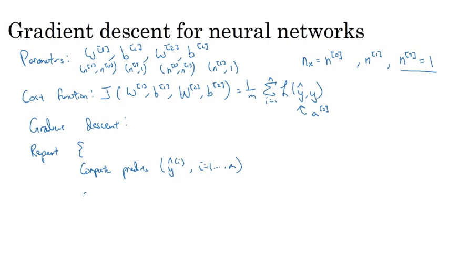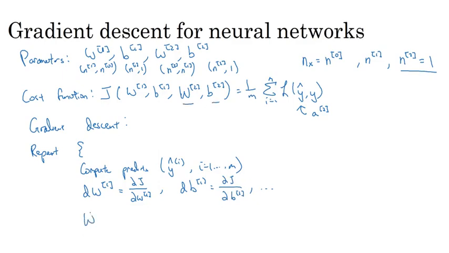You need to compute dW1, the derivative of the cost function with respect to the parameter W1. You need to compute another variable, which we're going to call db1, the derivative or the slope of your cost function with respect to the variable b1, and so on. Similarly for the other parameters W2 and b2.